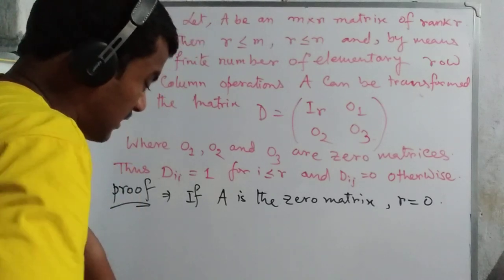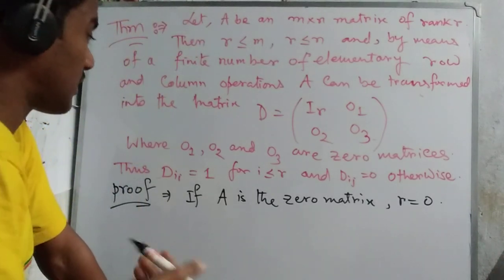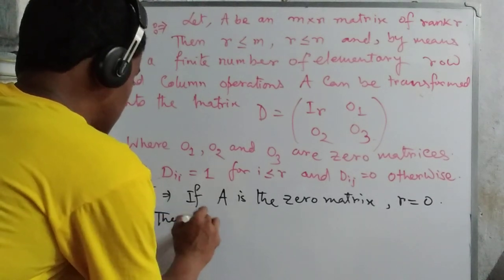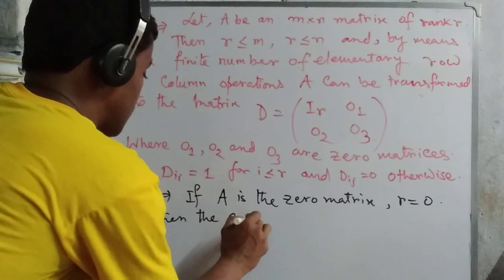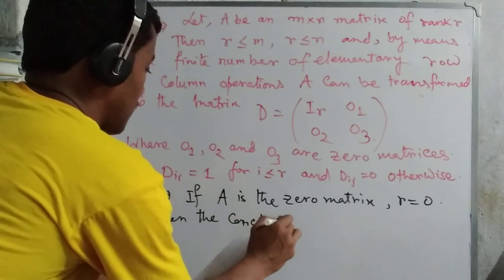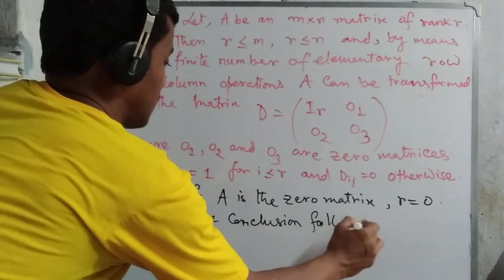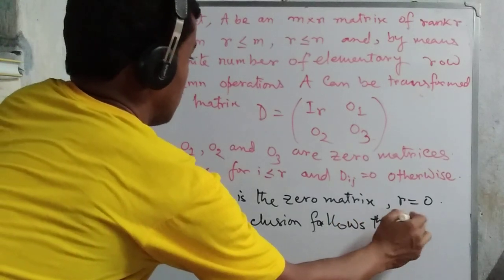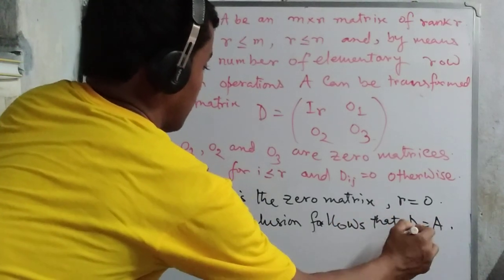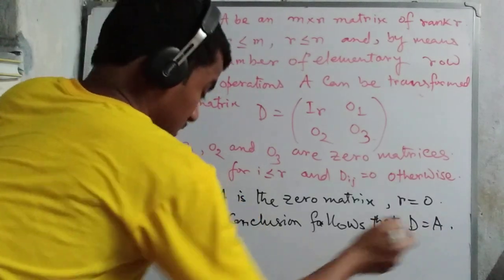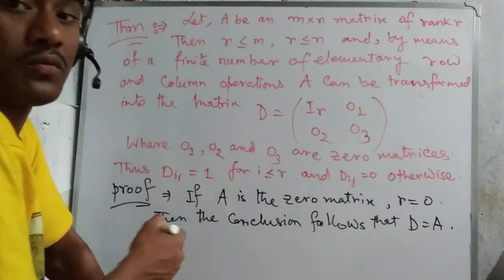Then the conclusion follows that D equal to A. Understood?